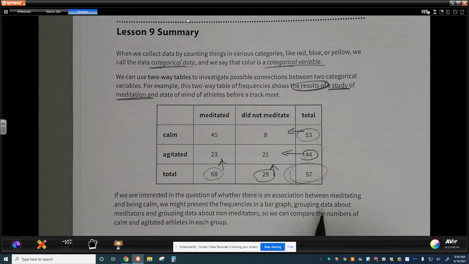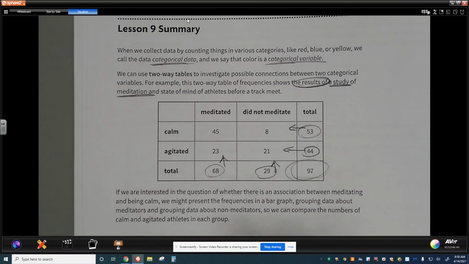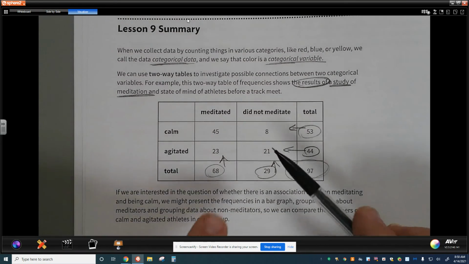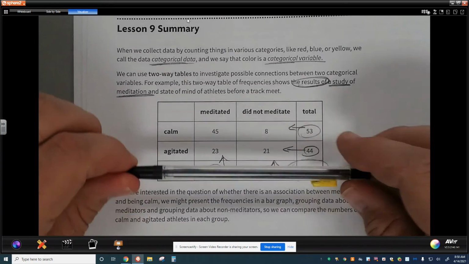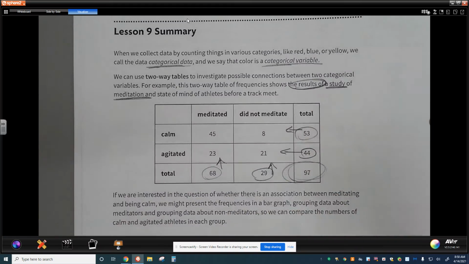We might group the data about meditators and non-meditators so we can compare the numbers of calm and agitated athletes in the group. We would probably not use a segmented bar graph necessarily to represent the whole situation, unless we took out a bottom section right here and changed the data just a little bit to represent percentages, or to more readily accommodate for that percentage value.